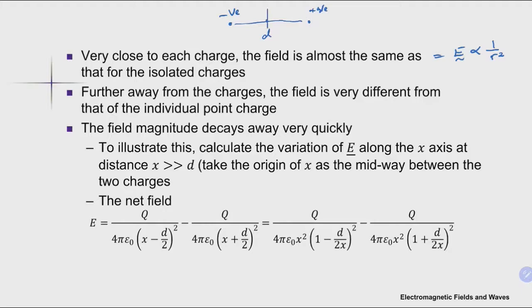If I put our origin here at the middle, so this is my origin, then here will be d over 2, d over 2. This will be my x-axis. At this point here will be plus d over 2. Here will be minus d over 2.